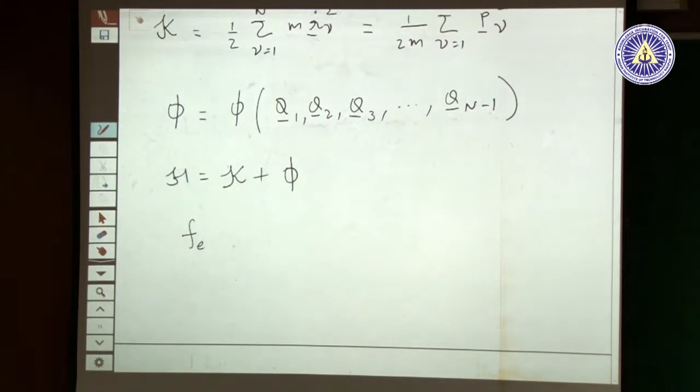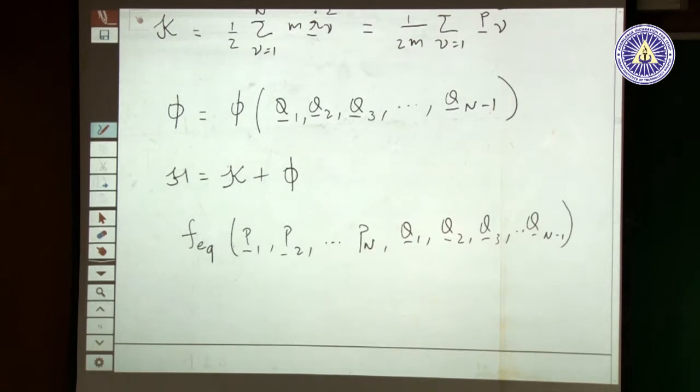I will call F equilibrium, which is a function of the momenta of all the beads and all the bead connector vectors q1 to q(n minus 1), as the probability distribution of finding a bead spring chain with momenta p1, p2, p3 etc., and bead connector vectors q1, q2 and so on, right.